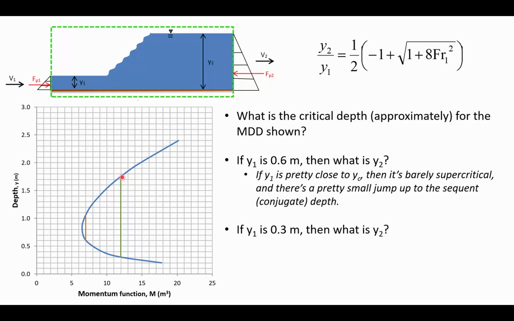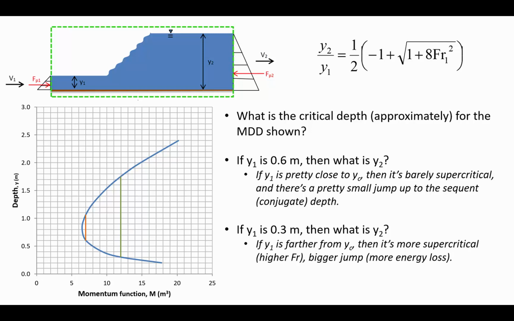So the new downstream depth is going to be dramatically deeper because the Froude number was larger in that second case. When your depth is 0.3, you're further away from the known critical depth of 0.8 meters. So just think about the Belanger momentum equation. What that's saying is that the size of the jump depends on how supercritical conditions are upstream.